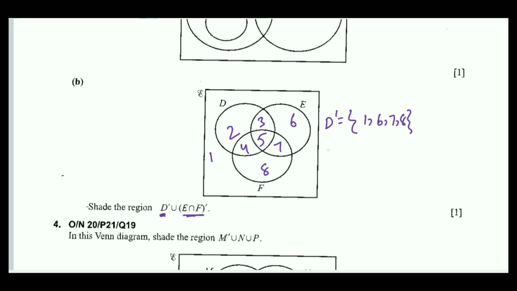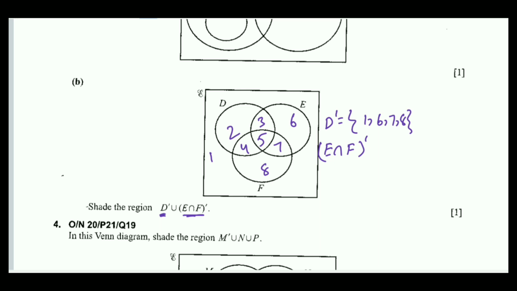First of all, we will find E intersection F complement. So E intersection F complement means not E intersection F. E intersection F is 5 and 7 here. So the intersected part of E and F is 5 and 7.